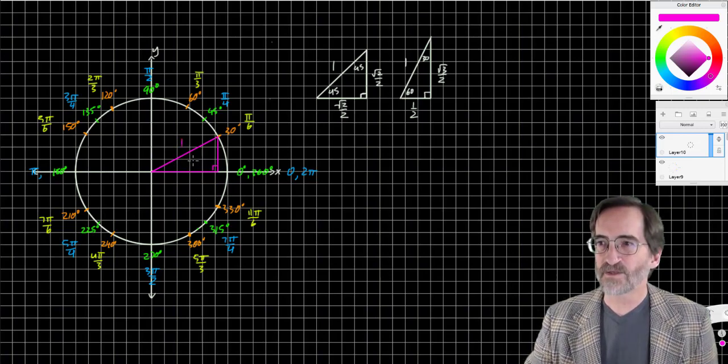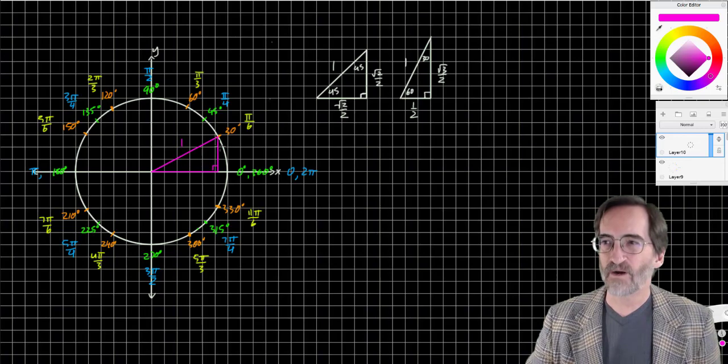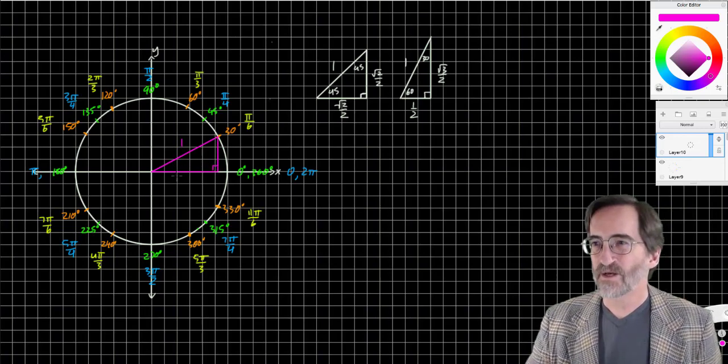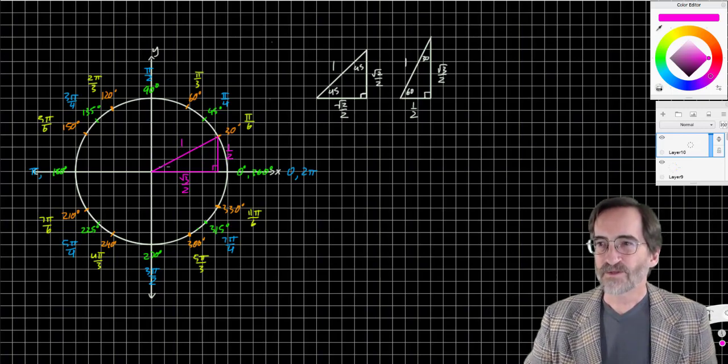The hypotenuse is 1. This is a 30, 60, 90 triangle, or pi over 6, pi over 3, and pi over 2 if you want to do them in radians. So this side is 1/2 and this side is root 3 over 2. Okay? And this is our reference angle.